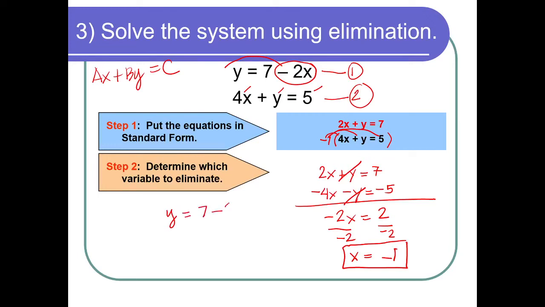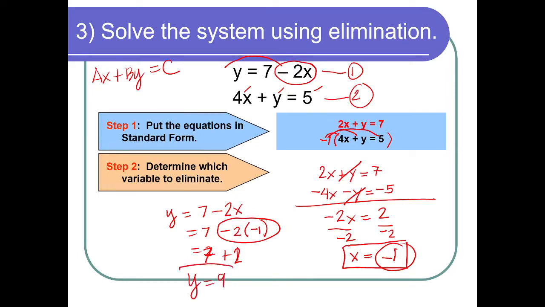Because if you're gonna substitute negative 1 over x, this becomes 7 minus 2 times negative 1. And this is positive 1, right? 7 plus 1. I mean positive 2. That's not positive 1, it's positive 2. So how much is 7 plus 2? And that will give us 9.